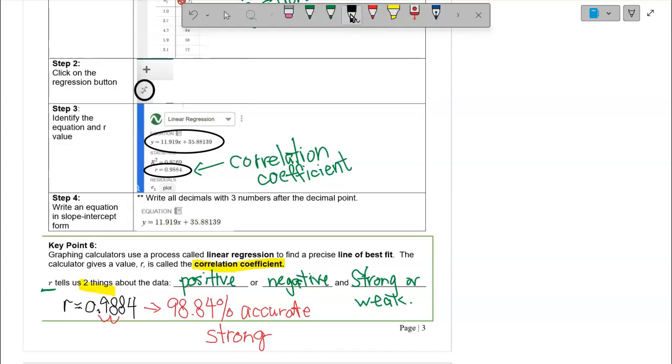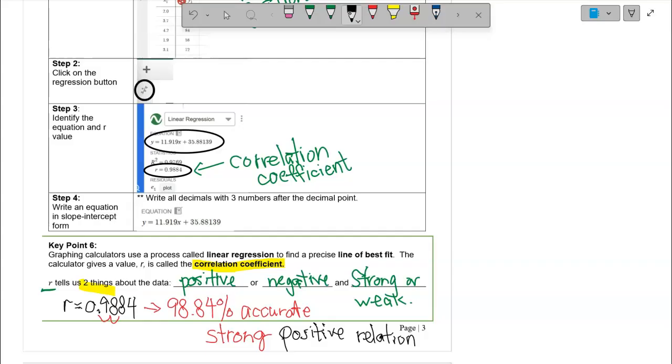So it has a strong positive correlation, a strong positive relation. That's what that R stands for.